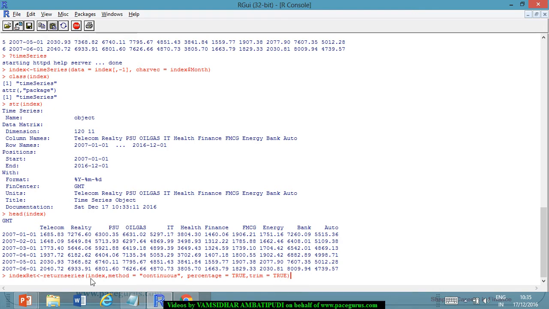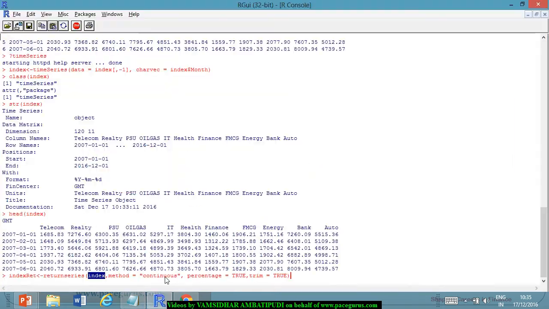So the first thing that I am giving is the prices. So the prices or values are there as a part of index. Based on them, I want to compute the returns for a series of values. So that's where I'm using return series. In method, I can use either a continuous or a discrete.